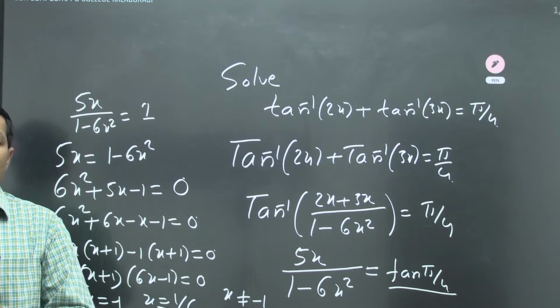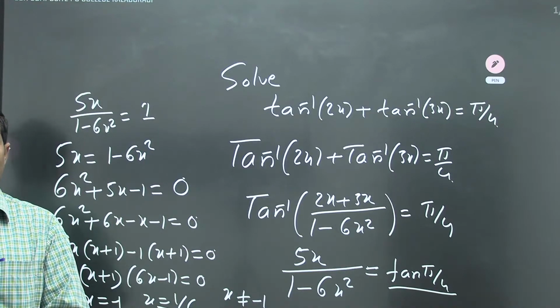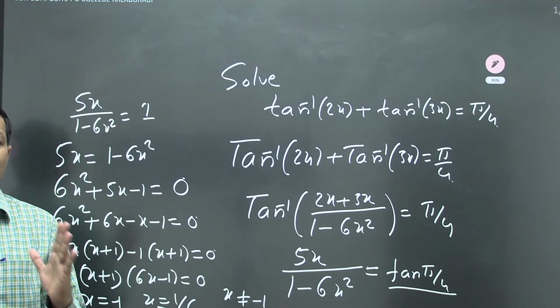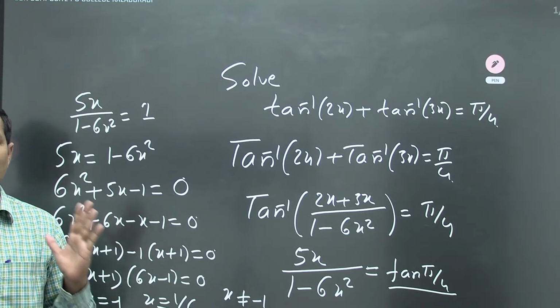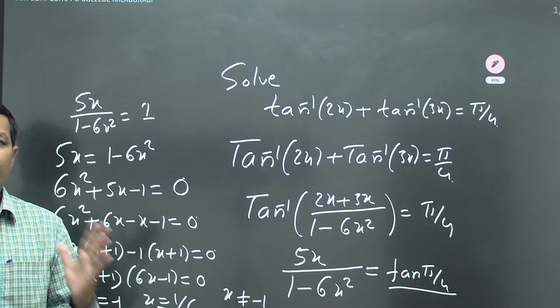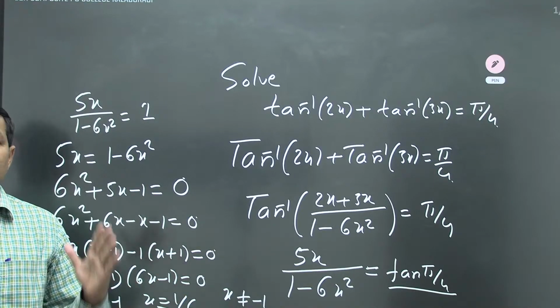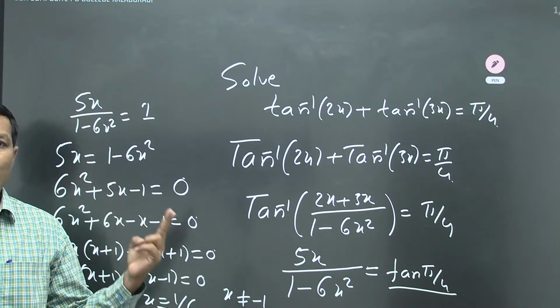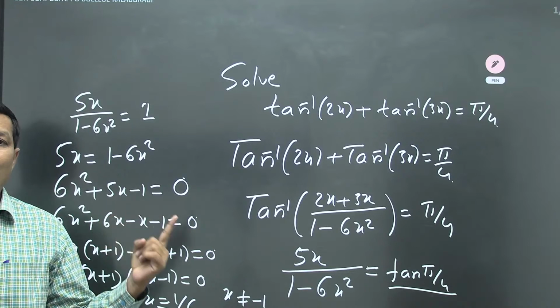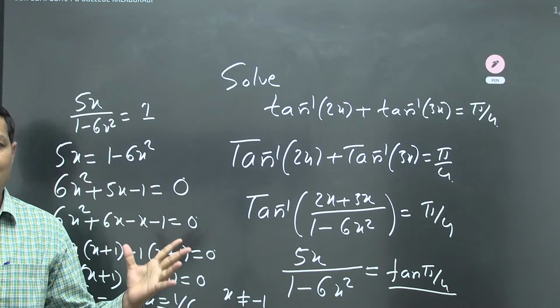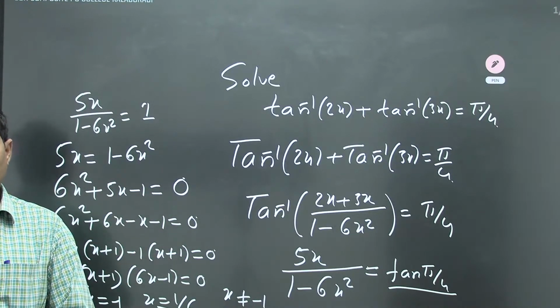Find the domain and range of the inverse trigonometric functions and the principal values of the inverse trigonometric functions. Only two questions they will ask in the theory examination, one for 1 mark and one for 2 marks.